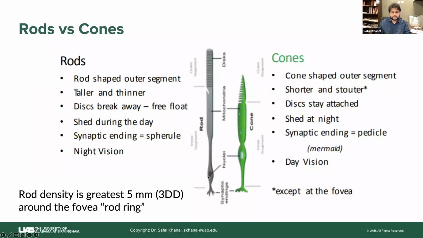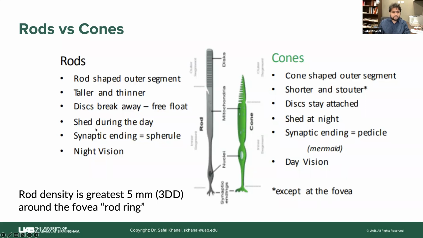It is spherical shaped, and as you know, rods help in night vision. Whereas the cones have a cone-shaped outer segment, shorter and stouter, and the discs stay attached to the outer segment. The discs are shed at night, and the synaptic ending is called the pedicle. And as you know, the cones help in day vision.